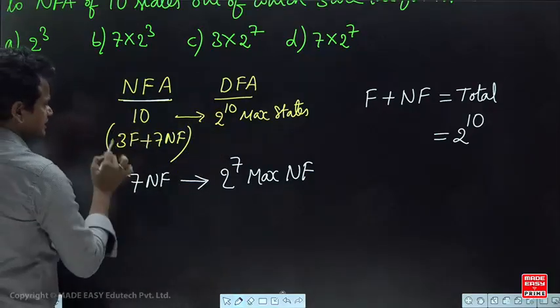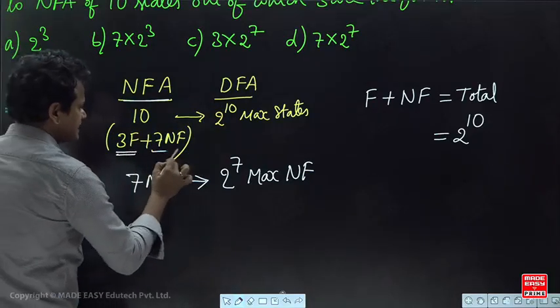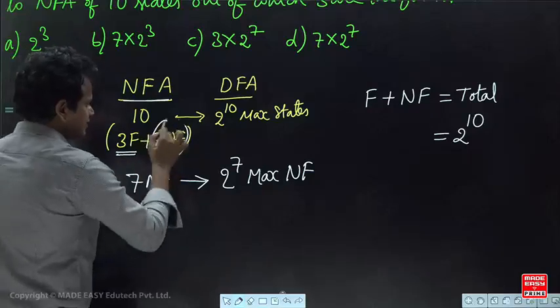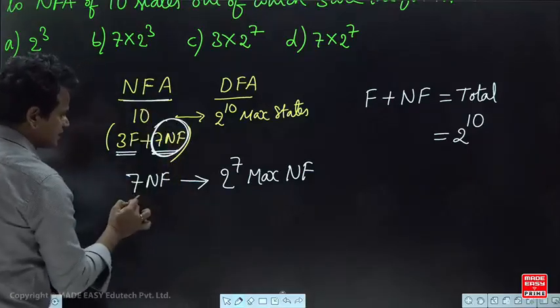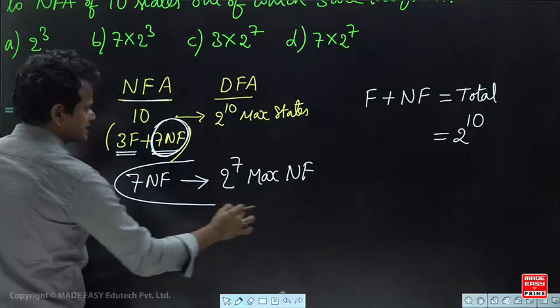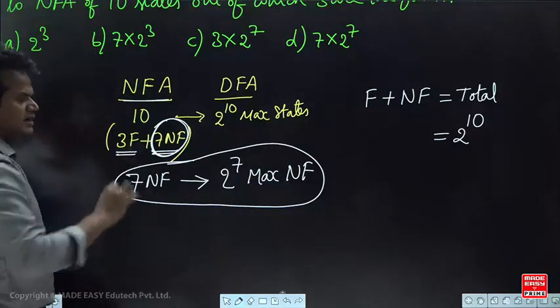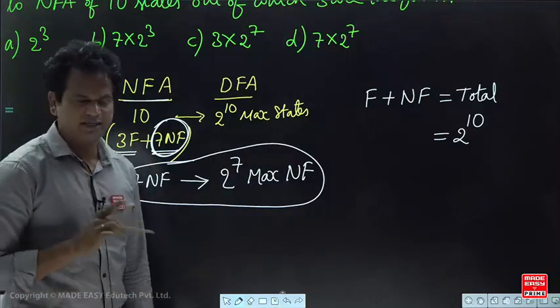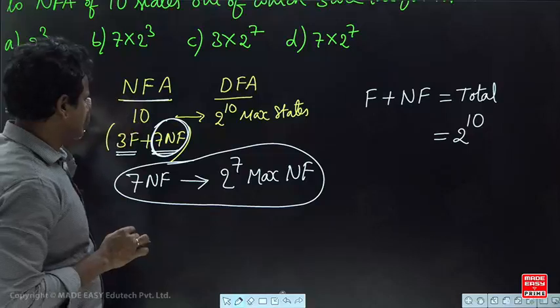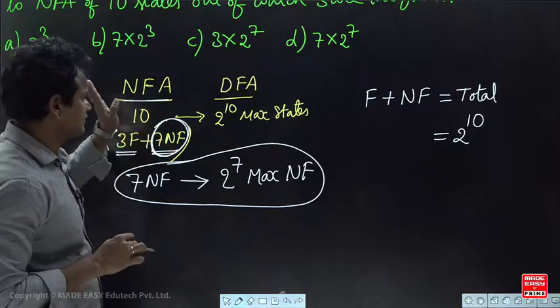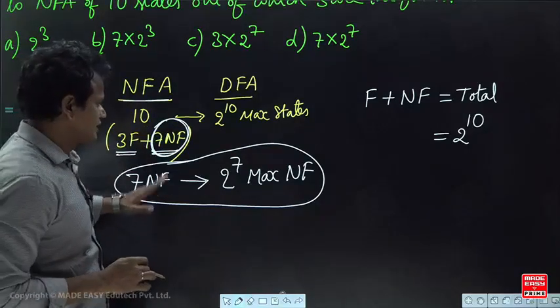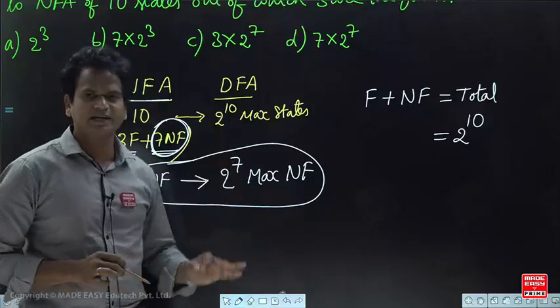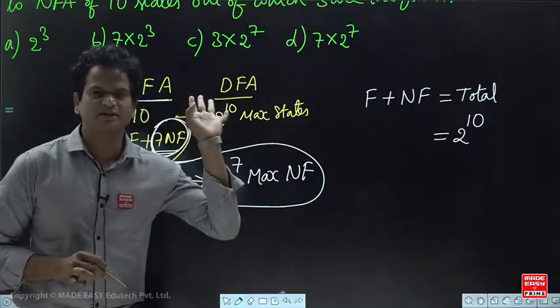Out of this 10, we have 3 final and 7 non-final. From the 7 non-final, you will get a maximum of 2 power 7 non-final.